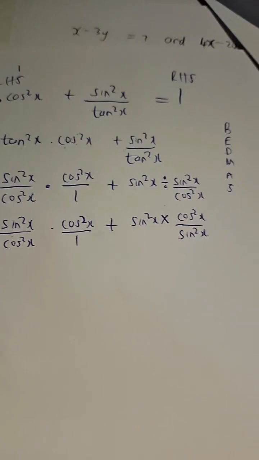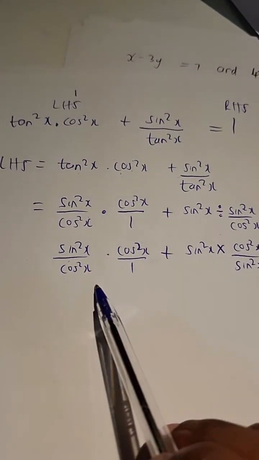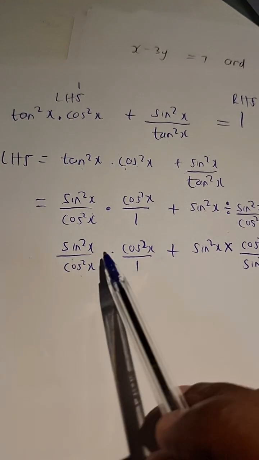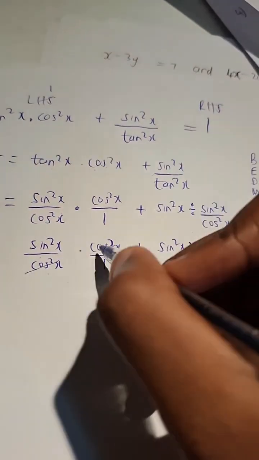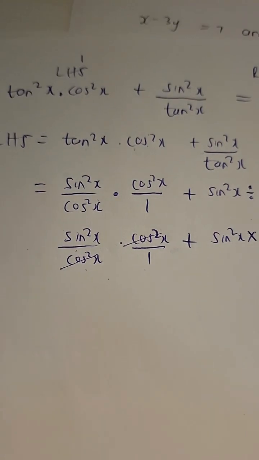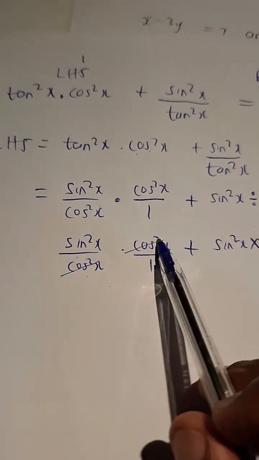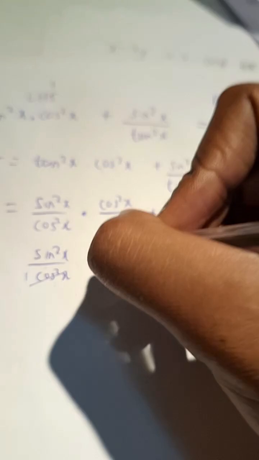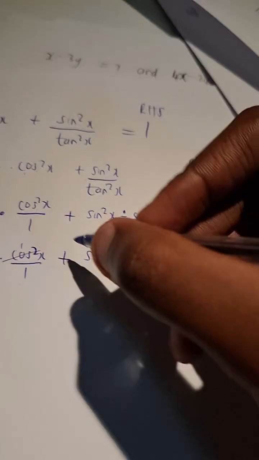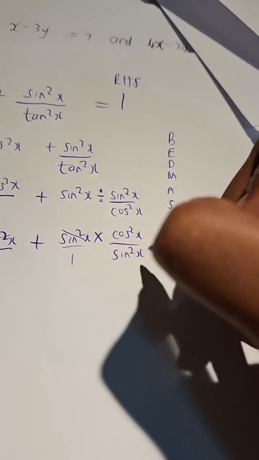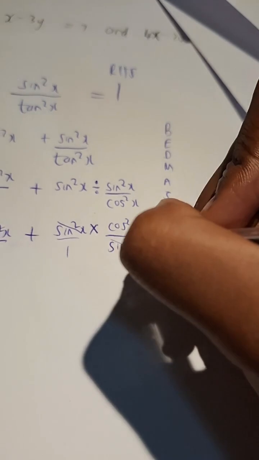Now I can attend to these at the same time. Sine squared x over cos squared x times cos squared x over 1. You guys know for a fact that this and that says goodbye, because cos squared x divided by cos squared x leaves me with 1 and 1. Same thing this side. Sine squared x over 1 with this sine squared x in the denominator leaves me with 1 and 1.